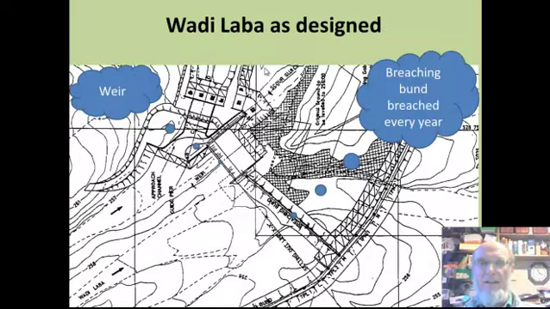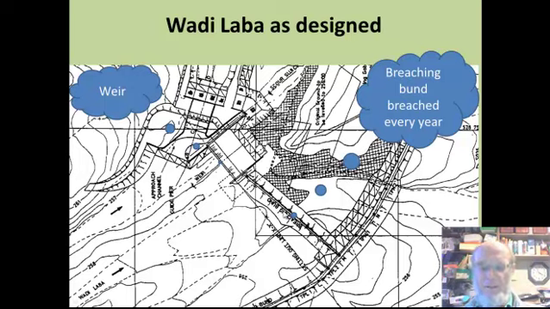Here we have a plan of Wadi Laba in Eritrea as it was originally designed. We have a weir on the left side, and then a long breaching bund that's more than double the length of the weir crest.